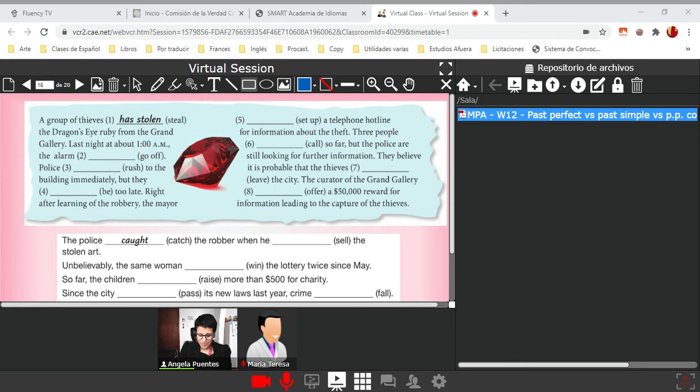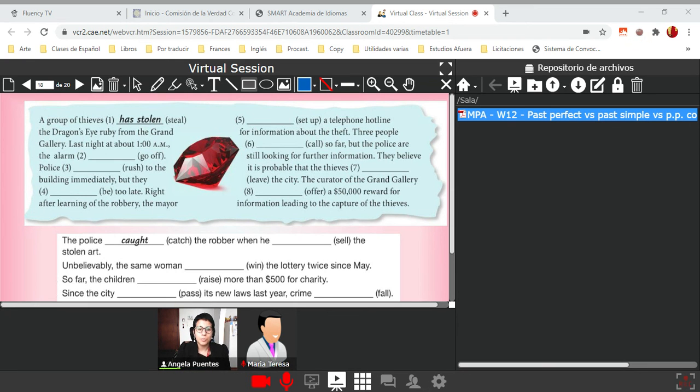Great, has suffered. 50,000 reward for information leading to the capture of the thieves. Very good. Okay, great. You see, so pay attention to the situations that finish.